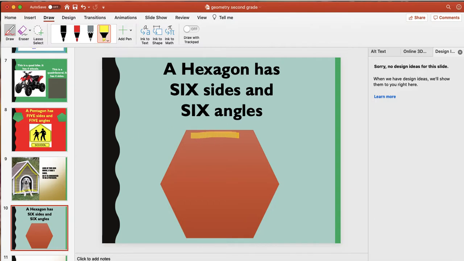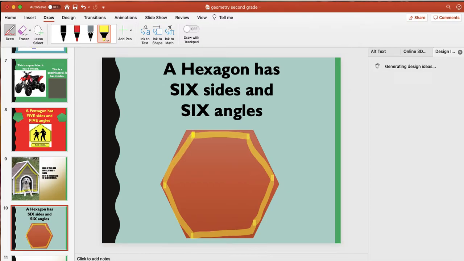So we could see 1, 2, 3, 4, 5, and it has 6 sides. And where our vertex or corner would be over here, as well as our angles. We have 1, 2, 3, 4, 5, and 6.